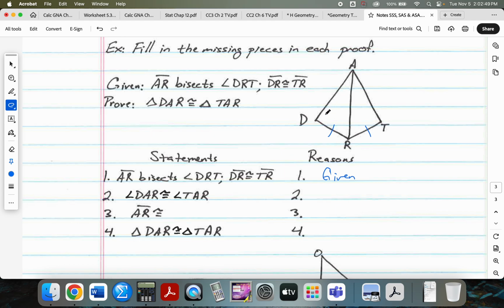Now, if we bisect angle DRT, and I need to fix this because this is not correct, so please fix that. It should be angle DRA is congruent to angle TRA.